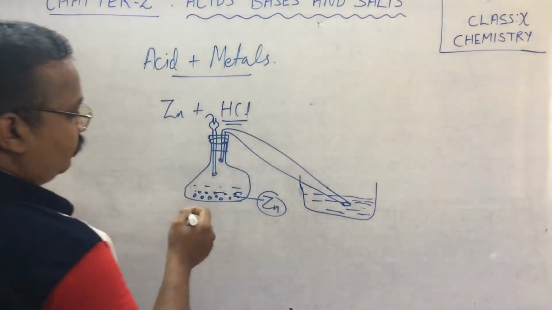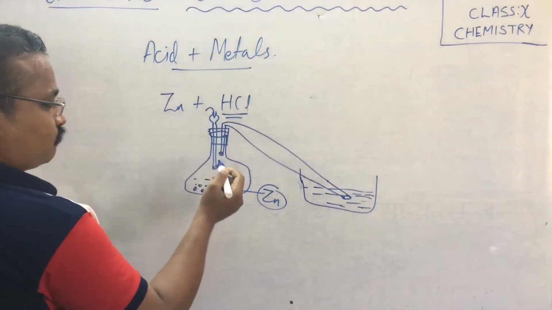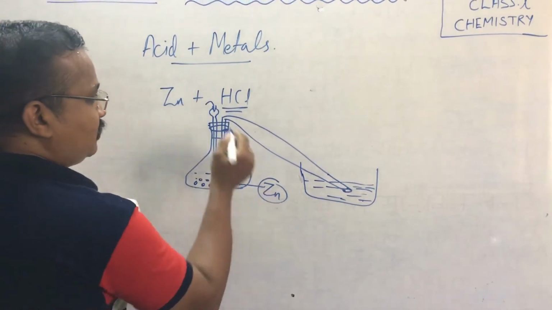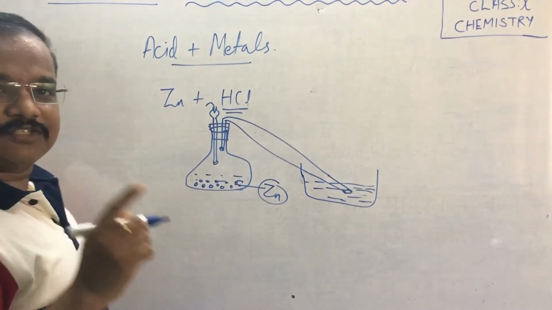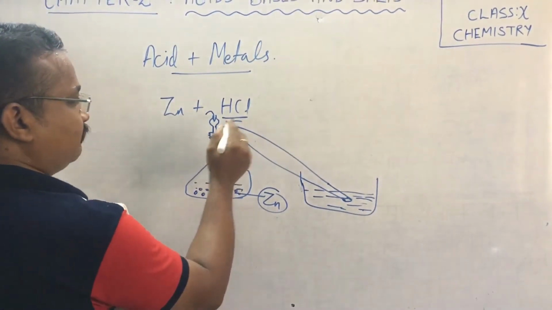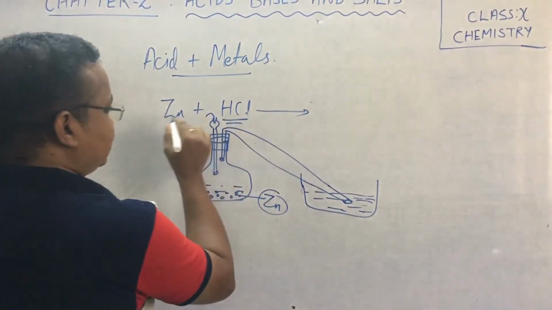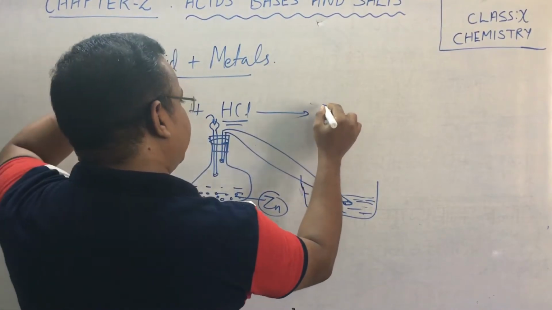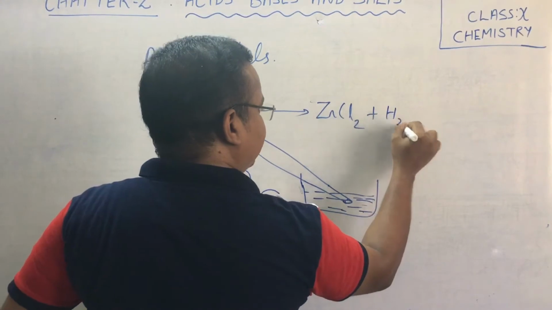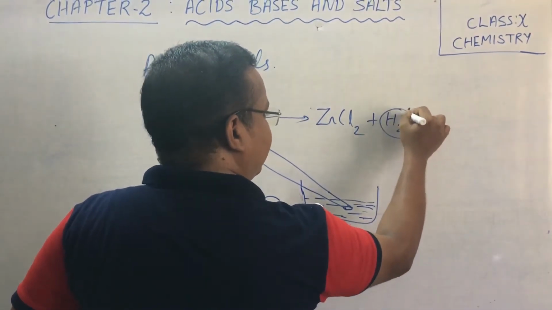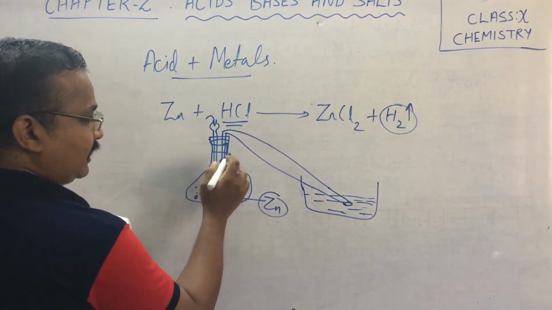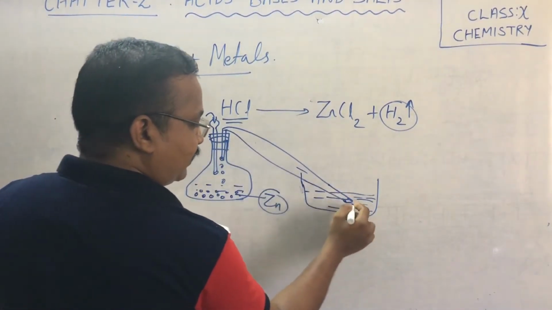Now, on reacting zinc with hydrochloric acid, as we have discussed in the first chapter also, a displacement reaction will take place where zinc will replace hydrogen and produces ZnCl2 plus hydrogen gas. So this hydrogen gas will start evolving. That gas will go through this delivery tube and reaches here.